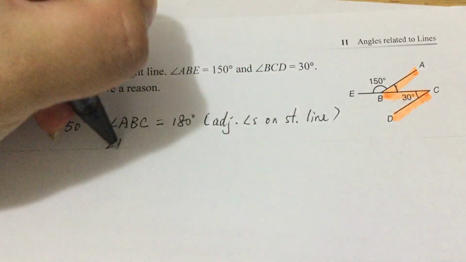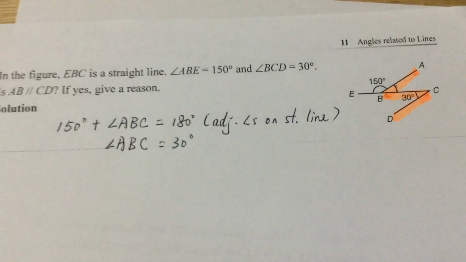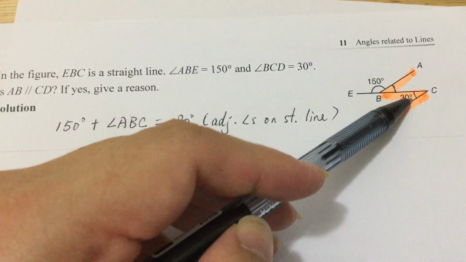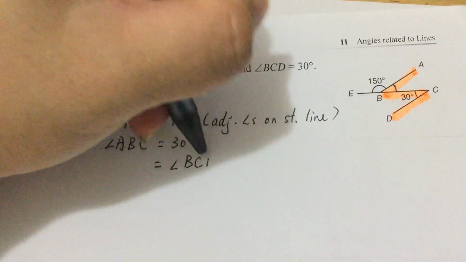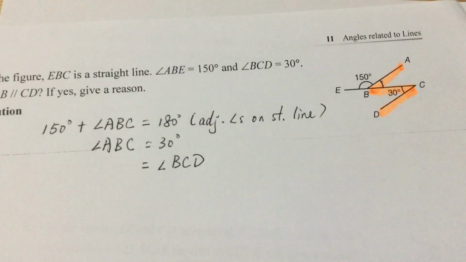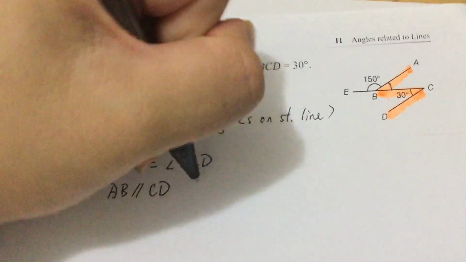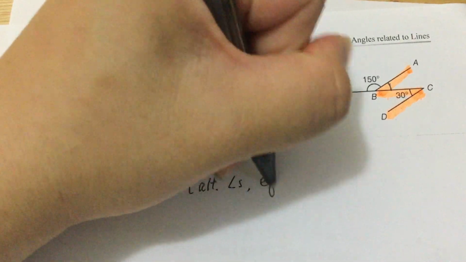And we know that angle ABC is 30 degrees. And luckily we know that this one is 30 and this one is 30. And by calculation, we know that this one is angle BCD also. Okay, so that we can write AB is parallel to CD, and this one is called alternate angles equal.